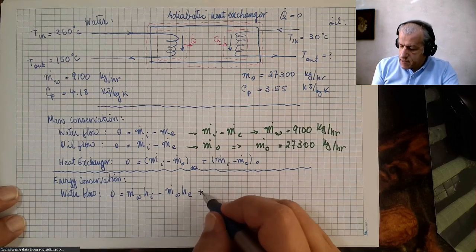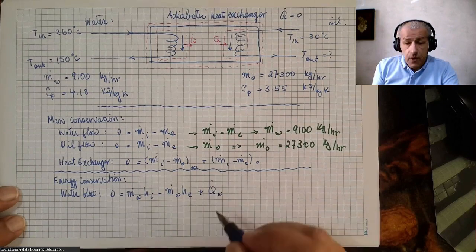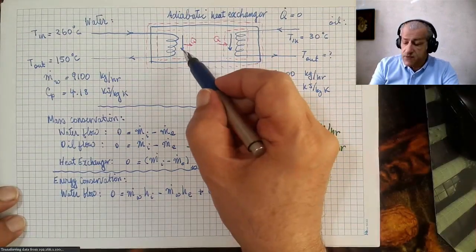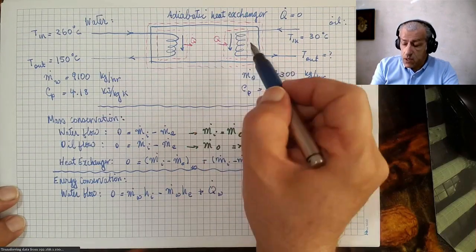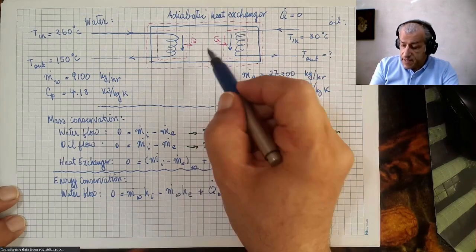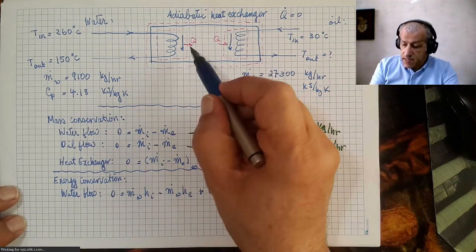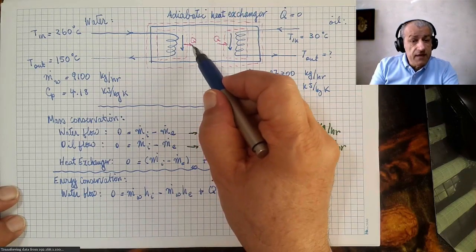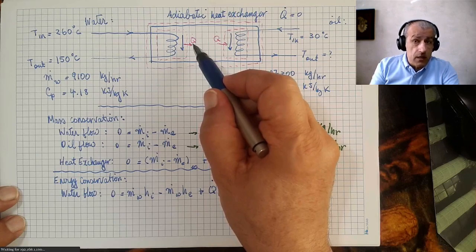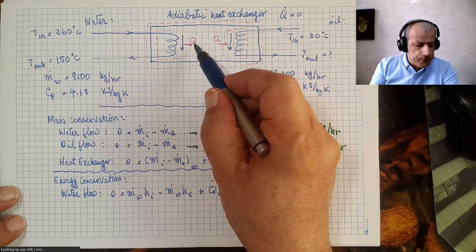Now plus the heat transfer from water. This is the heat transfer we have from water to the oil. And this is the heat transfer we mean. You see, this heat transfer is leaving our control volume, and so its value should end up to be negative.